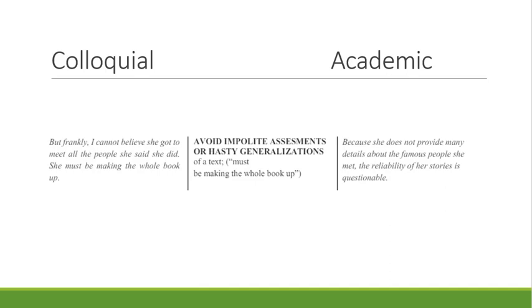In this example, the person writes, "Because she does not provide many details about the famous people she met, the reliability of her stories is questionable." You might be writing something along the same lines: "The authors did not report reliability data."